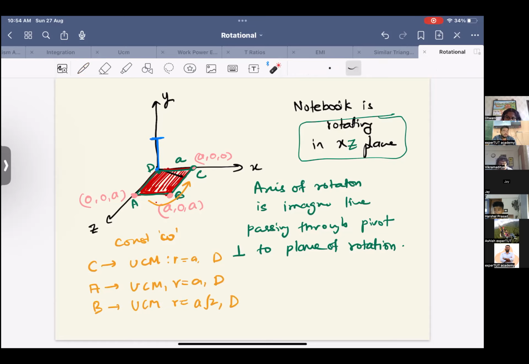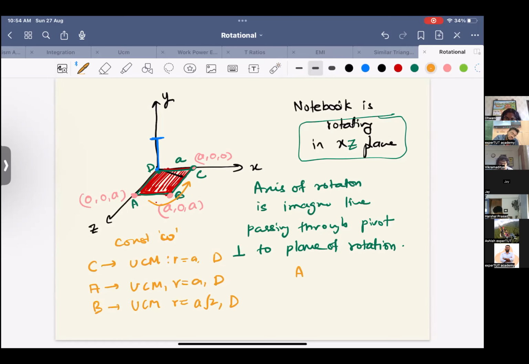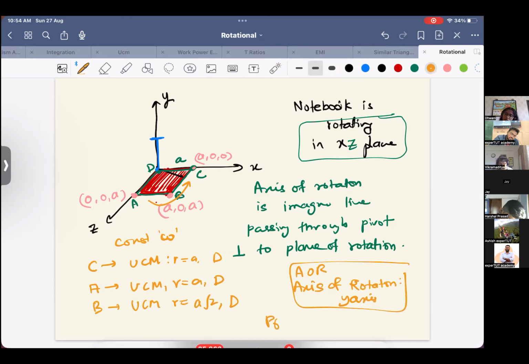What is the axis of rotation in this case? The axis of rotation is a line, the y-axis. Here I write AR, which is called the axis of rotation. It is the y-axis. It's always a line, okay? And POR means point of rotation. Write that it is a point.